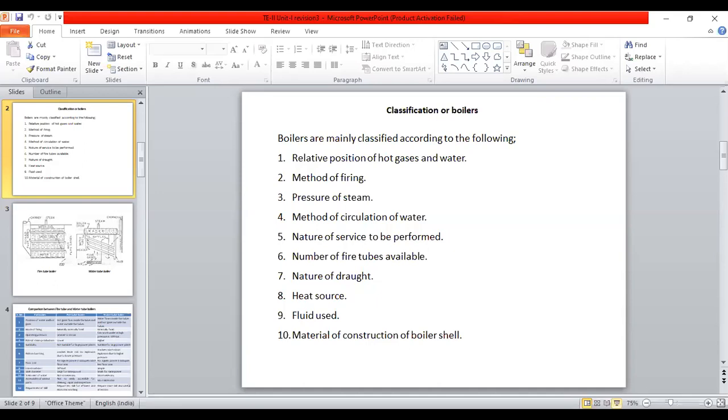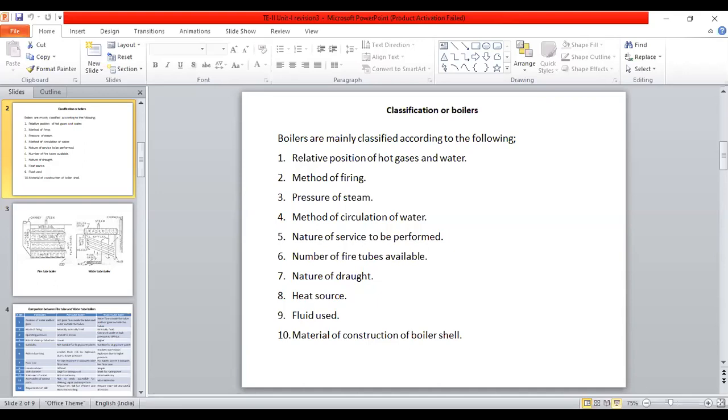And the seventh classification is the nature of draught. When the fuel burns in the furnace of the boiler with the natural circulation of air, the draft is named as natural draft. Mainly the draft is classified as either natural draft or artificial draft.